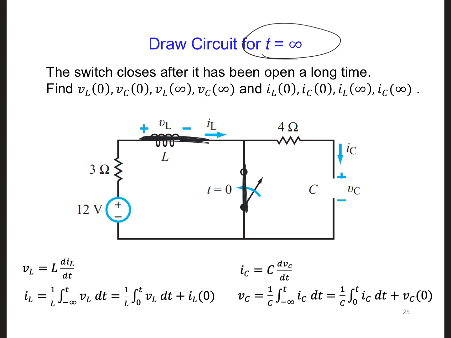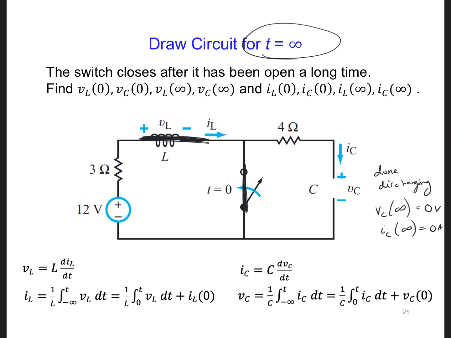Now in this case, the capacitor is done discharging. It had some energy stored up, and then it started to discharge in that resistor, so now it's done discharging. So VC at infinity, all that voltage is gone, and there's no more current flowing because all the energy has dissipated. So that's also equal to 0.